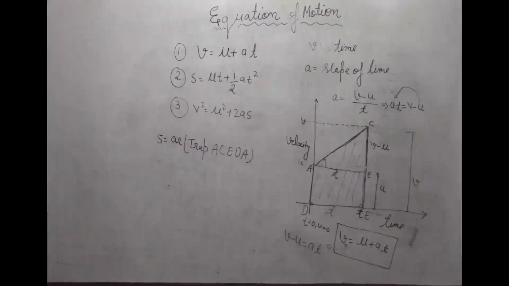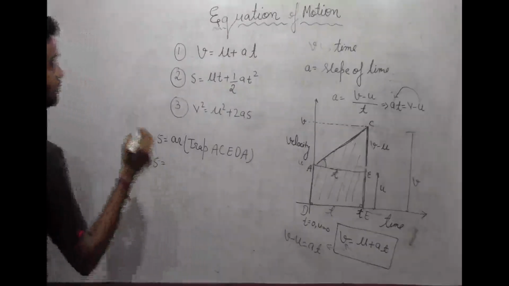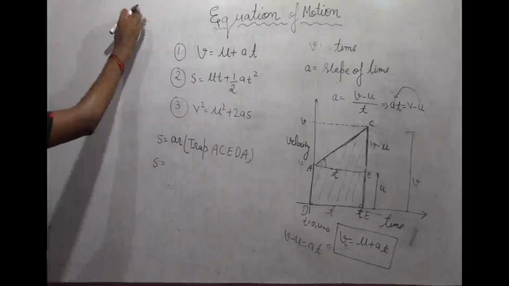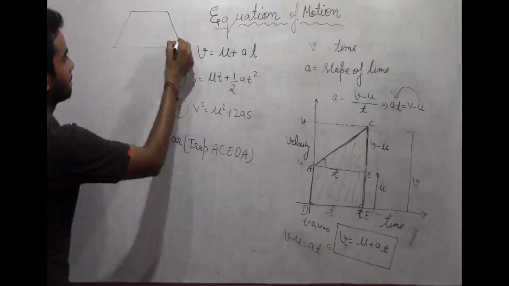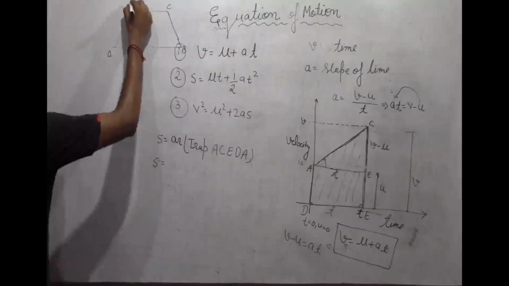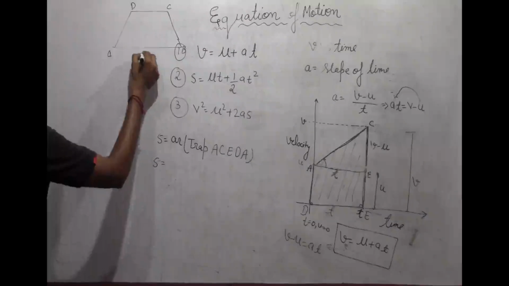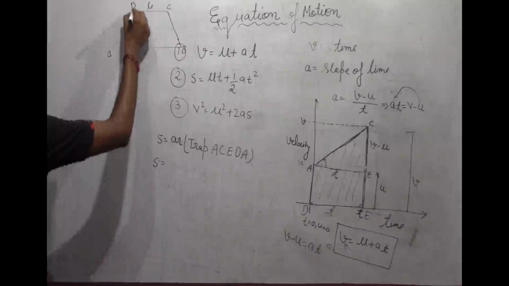And how can you calculate the area of trapezium? Suppose this is your trapezium, A, B, C and D. This length is a, this length is b and the perpendicular distance is h.